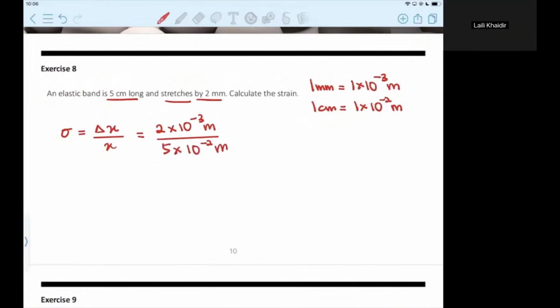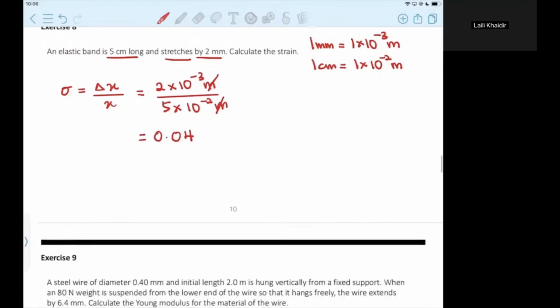And we know that meter and meter could be cancelled out, which proves that the strain doesn't have any unit, or we call it dimensionless. It only represents a value or number. So when we substitute the values and cancel the unit, the answer for this one is 0.04. That is question number 8.